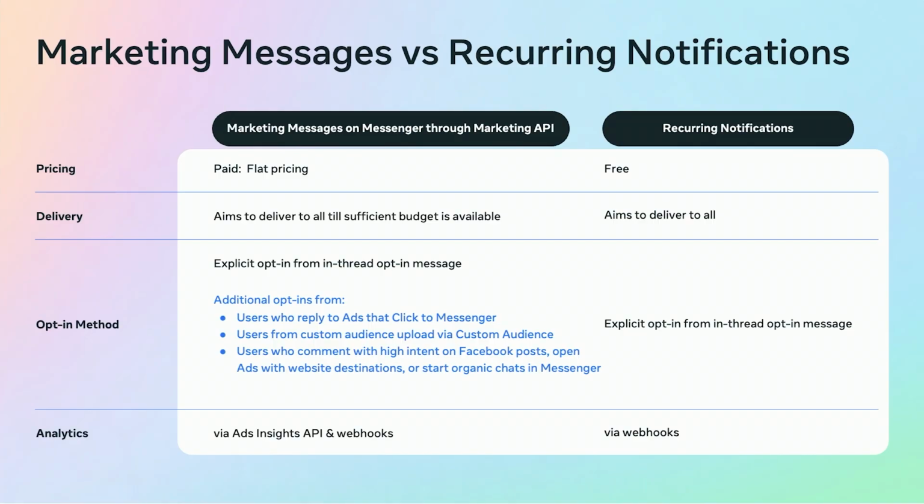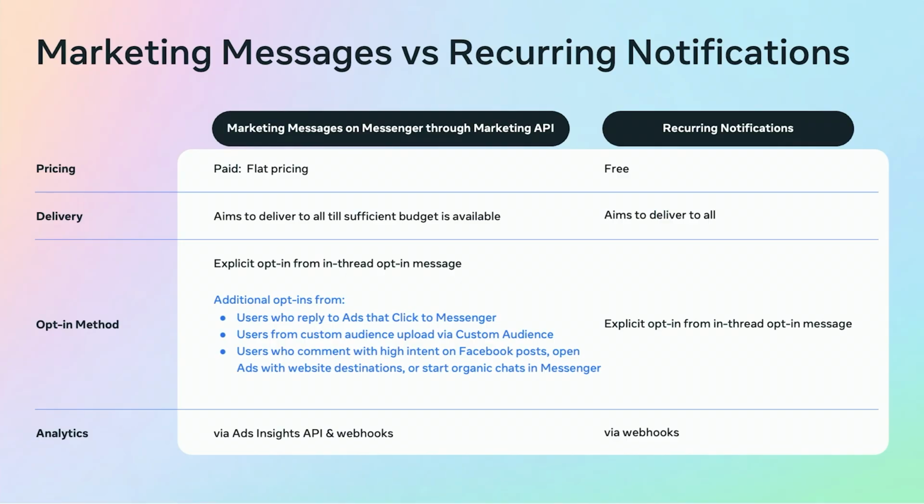Marketing messages is a paid feature which will have flat pricing. Marketing messages pricing is the same across Ads Manager and Marketing API. We have fixed per message based pricing where you pay when messages are delivered.